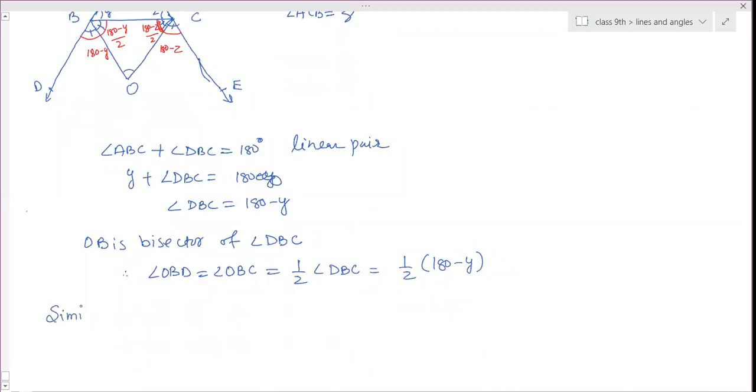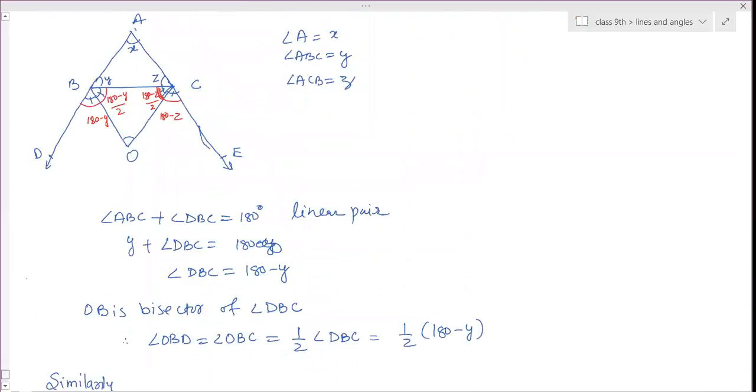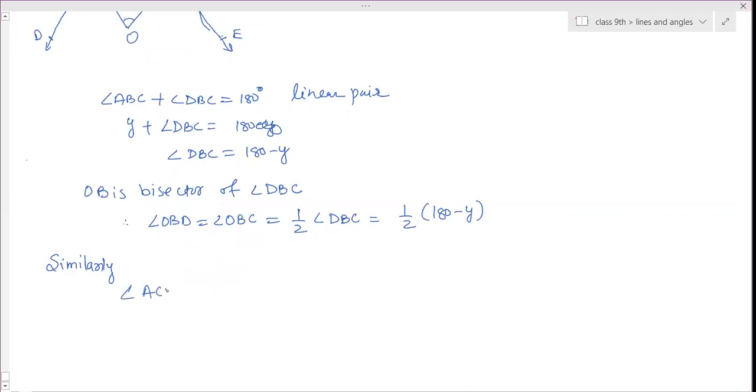Similarly, for the C part, angle ACB and ECB form a linear pair, sum 180. Angle ACB plus angle ECB is equal to 180. So this is Z plus angle ECB is equal to 180.